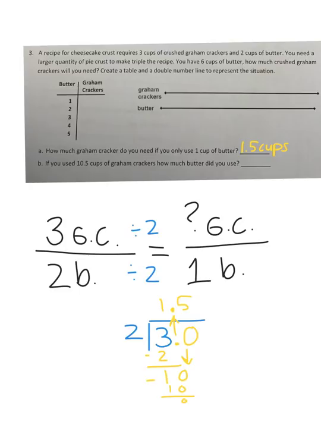So for 1 cup of butter, we need 1.5 cups of graham crackers. Now 2 ways we can figure out how much graham cracker we need for 2 cups of butter. One way, they told us in the problem, so we need 3 cups. The second way is to take our unit rate and multiply it by 2. If you do that, 1.5 times 2 will get you to 3.